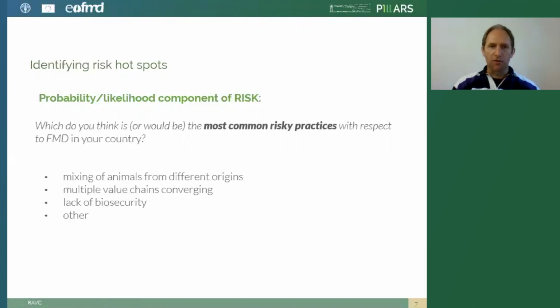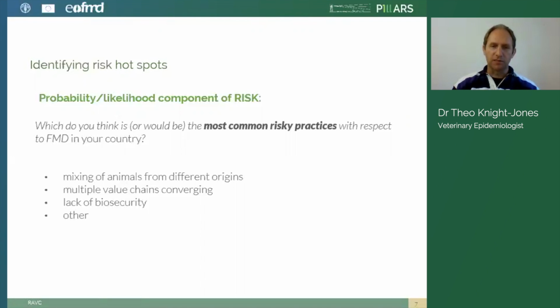So you might ask yourself, which do you think are the most risky practices within our value chains, looking at different nodes? So as referring to that example, there's certain times when there's lots of mixing of different animals from different origins, which we know you can mix different susceptibilities, can favor outbreaks.